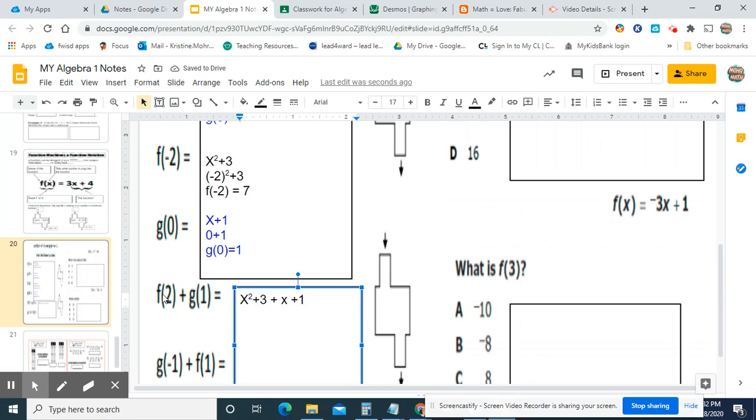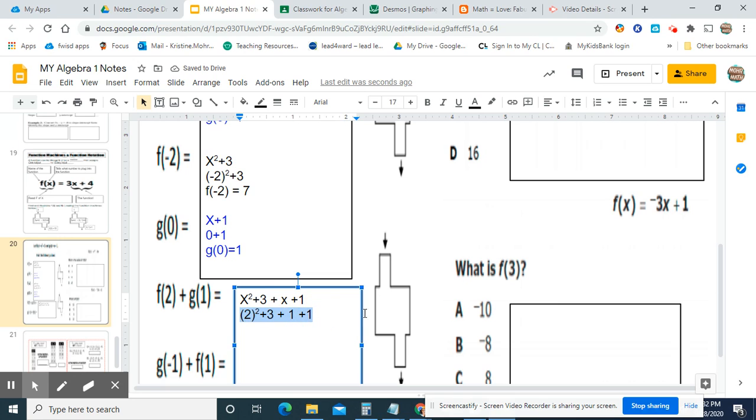So we're still putting in for the f function 2. So this x is going to be the one that's 2 squared and then add 3. And then we're adding our g of 1 here. So this x changes to be 1 plus 1.